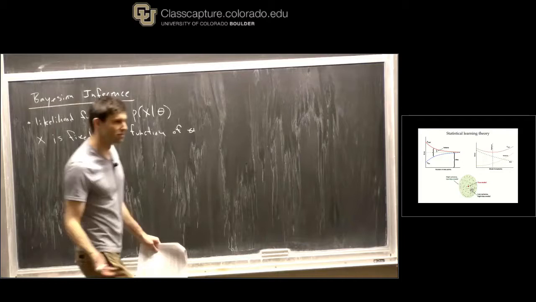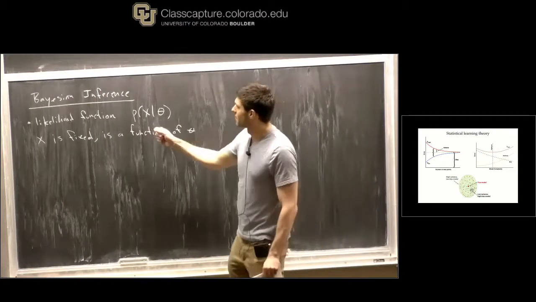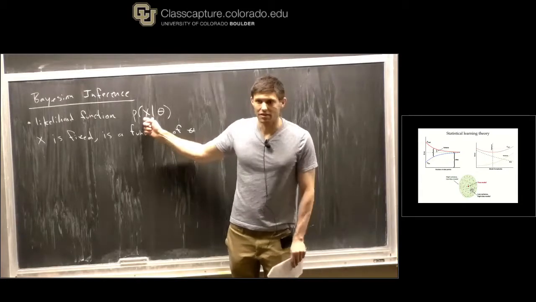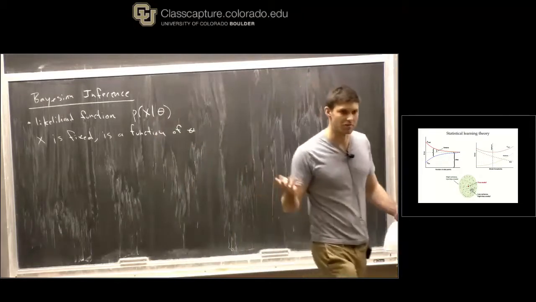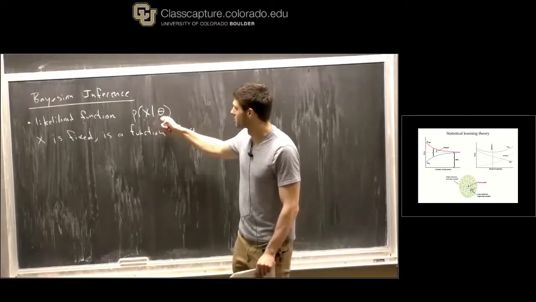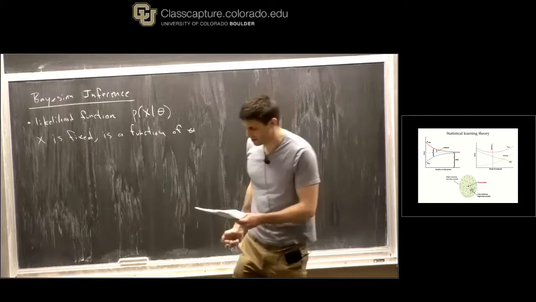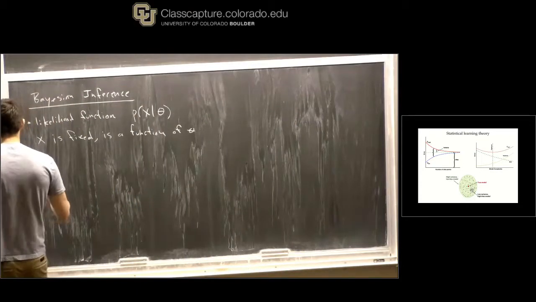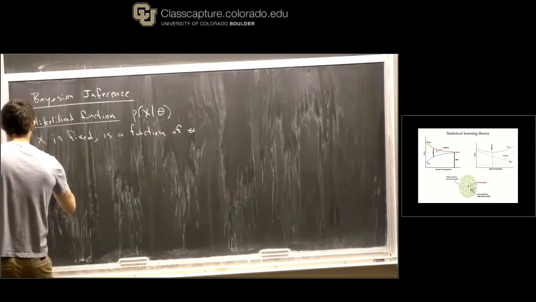This sometimes sounds like semantics, but it's important. For one, if I treated this as a function of x and I integrated it, I would get 1. If I integrate with respect to theta, I don't know what I get. It's just a function of theta, right? So it's a very different concept thinking of this as a function of theta versus a function of x. Okay. Then the second concept is that of a prior distribution.